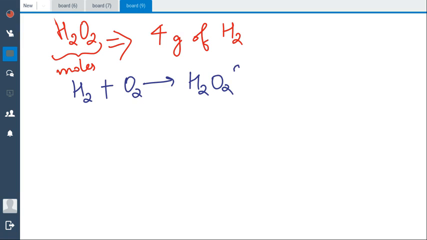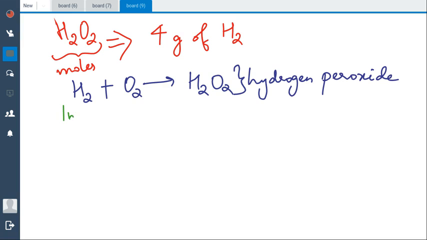Do you know what's H2O2? This is hydrogen peroxide. Okay, now then we need to write number of moles. 1 mole of H2 reacts with 1 mole of O2 to get 1 mole of H2O2.